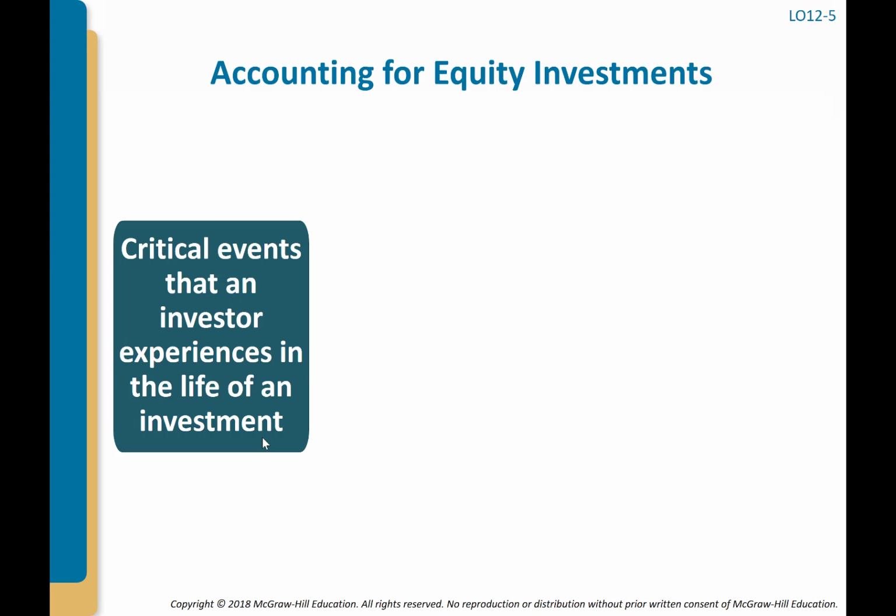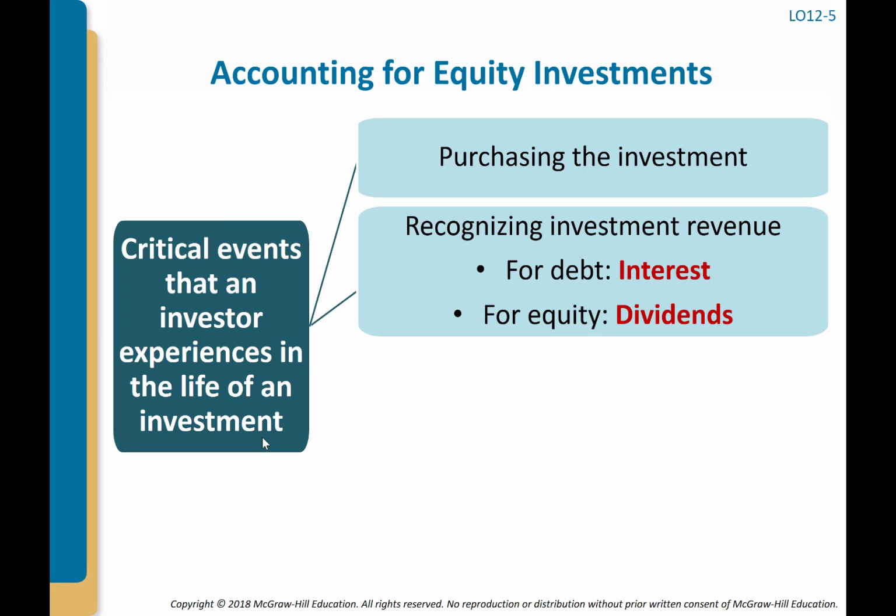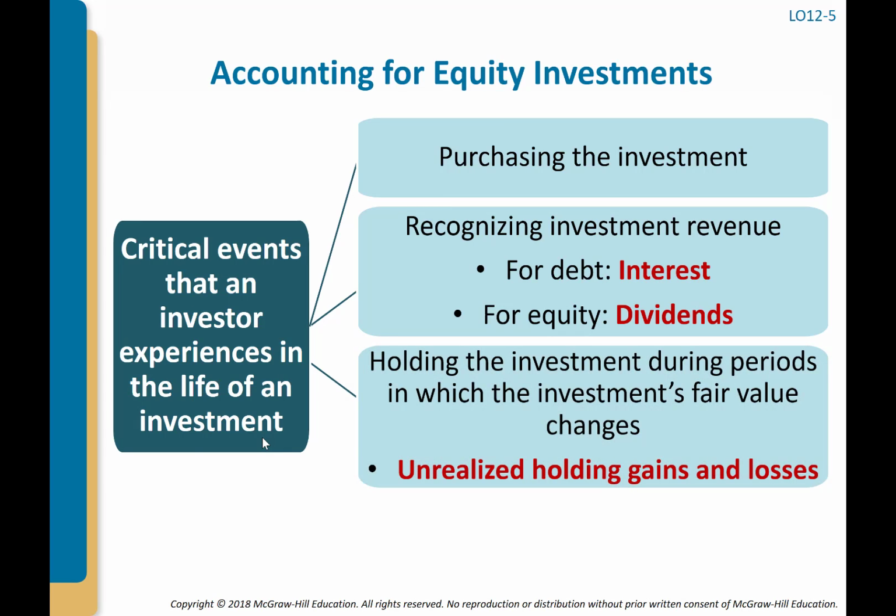So when we take a look, we will purchase the investment. We will account for, again, we're focusing now on equity, so it's going to be dividends. And then we will have the unrealized holding gains and losses as there are changes in fair value for both our trading and our available for sale. Again, for equity, there is no held to maturity.